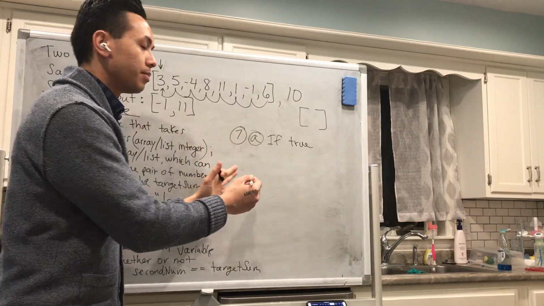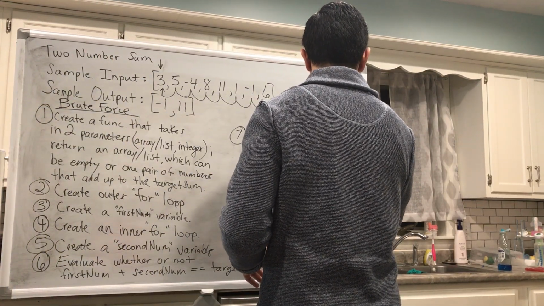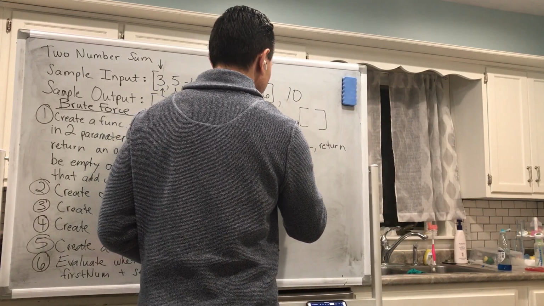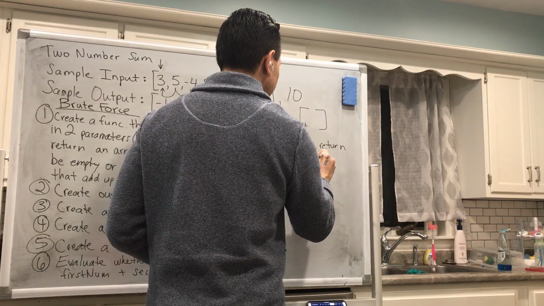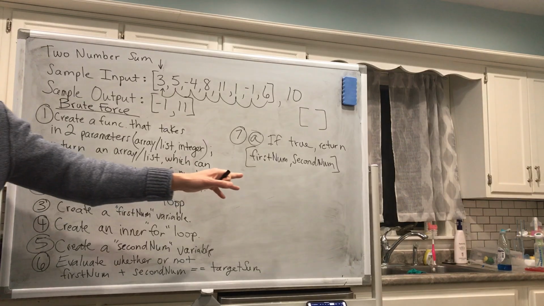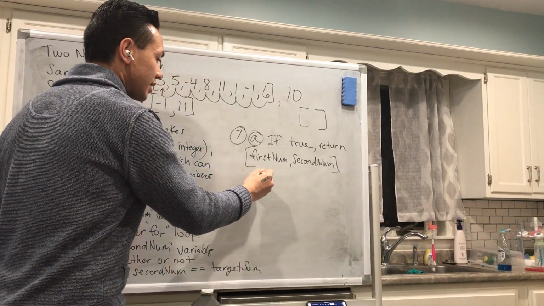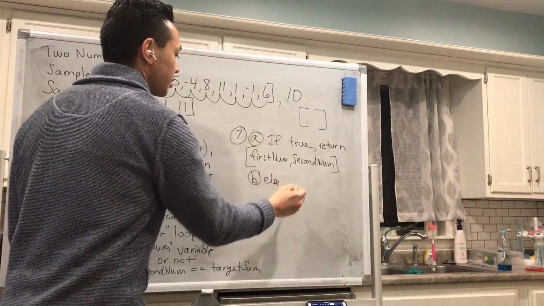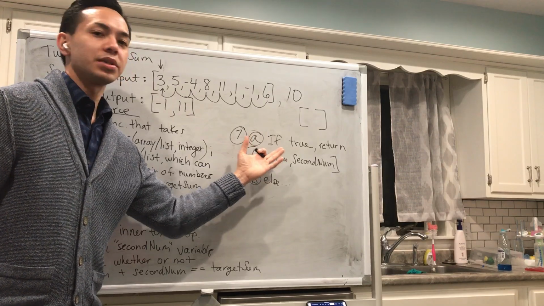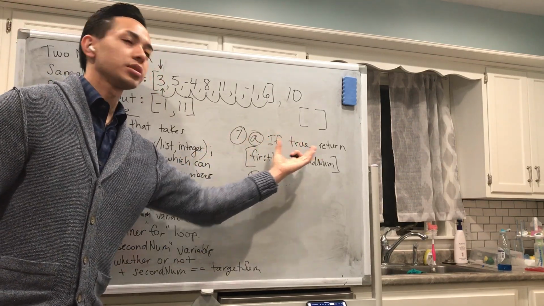We're going to return first num and second num in an array, like that. And then, yeah, I guess if we wanted to, we could write an else statement for 7b. We don't have to, though. The if statement kind of implies that nothing will be returned if it doesn't fall within those conditions.